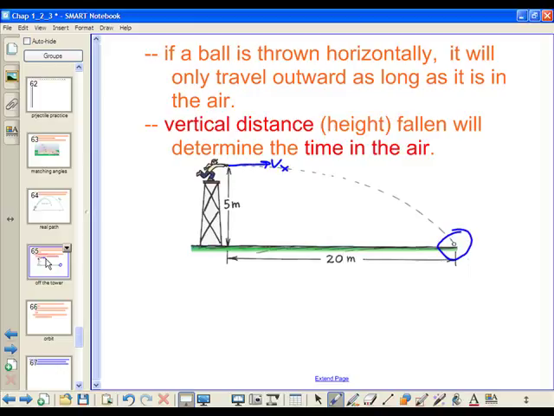Remember, it takes as long to get to that point as it takes to fall vertically. How long does it take to fall 5 meters? It takes 1 second.